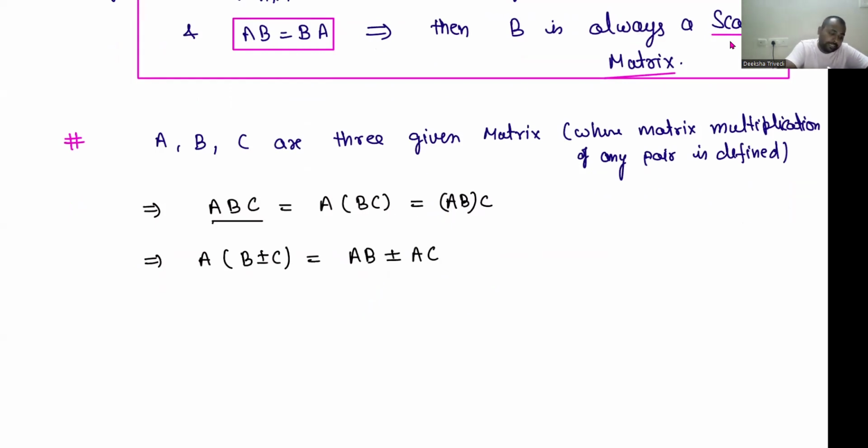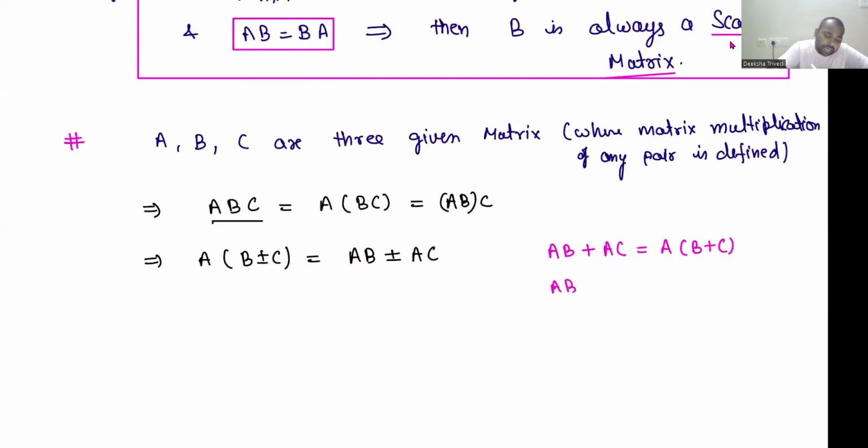Now important, this result is very important. Why? If A is pre-multiplied with addition of B and C, or subtraction of B and C, then we write AB and AC. Now in reverse, suppose we have AB plus AC, then we can take that A matrix common only when A has same type of multiplication with B and C. Here A is pre-multiplied, A is pre-multiplied, so we can take A common with B plus C. Correct?